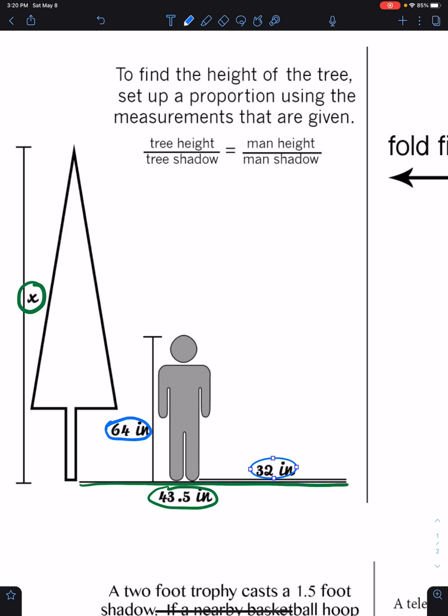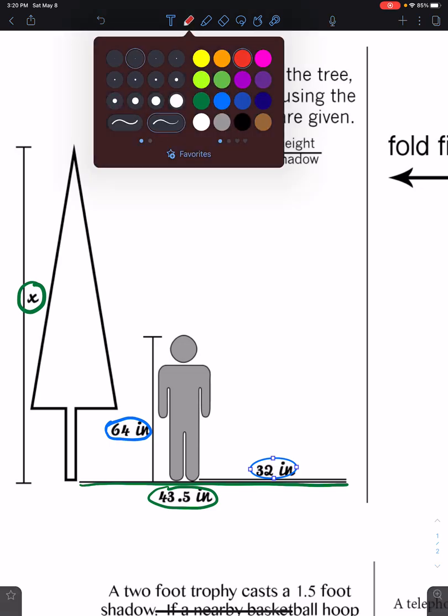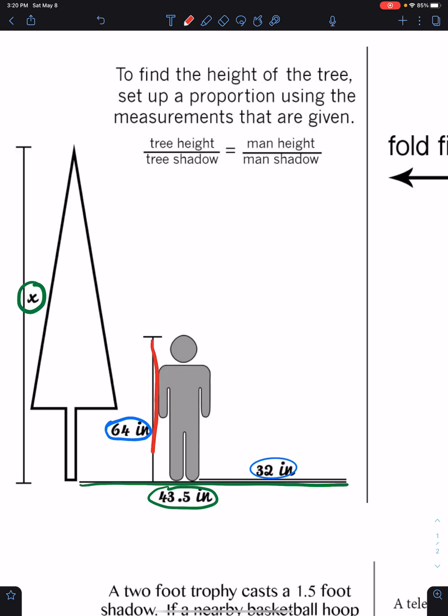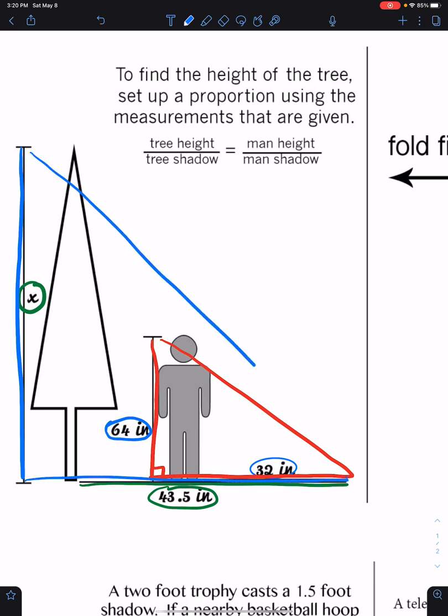So when we say we're using similar triangles, what we mean is that this man and his shadow make a right triangle here, and then this tree and its shadow also make a right triangle, and they are similar triangles, both of them right triangles.